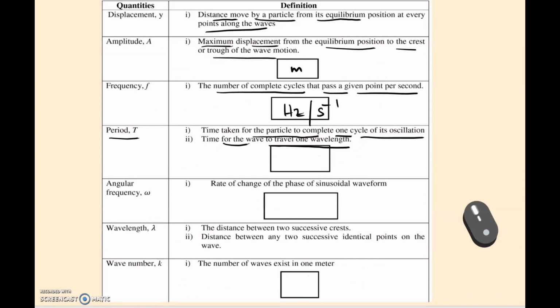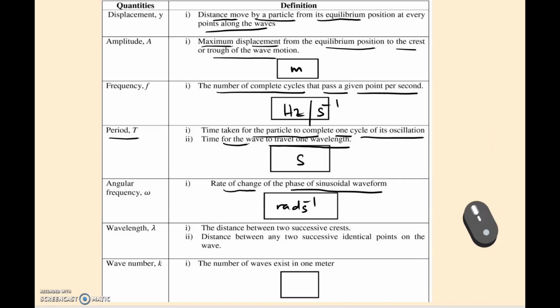The unit for period is second. Then we have angular frequency, which is the rate of change of the phase of the sinusoidal waveform. The unit is radian per second.